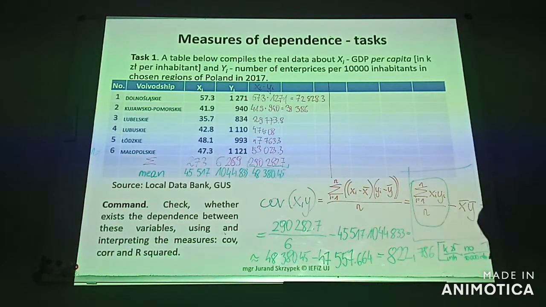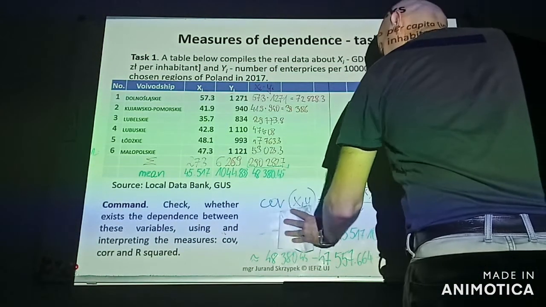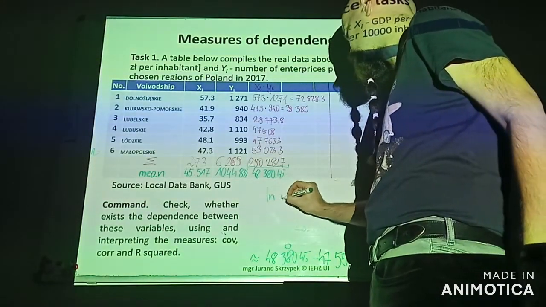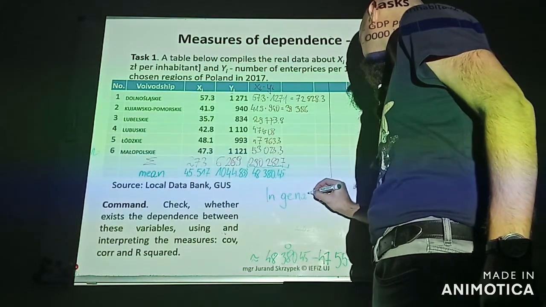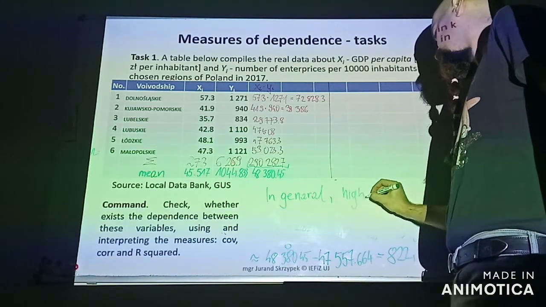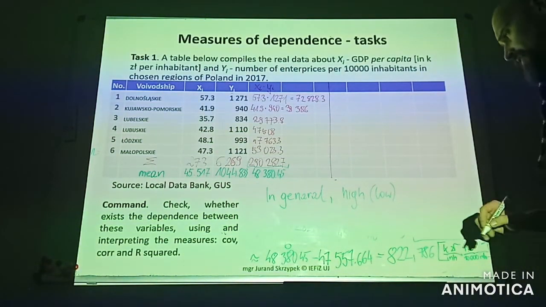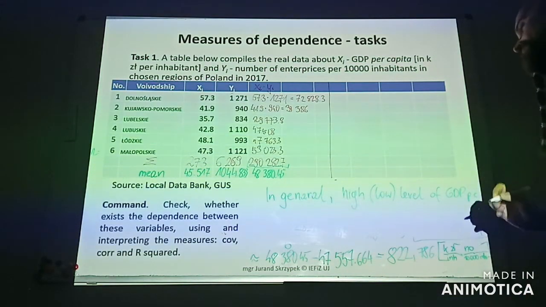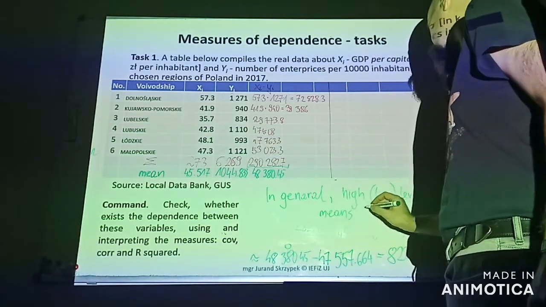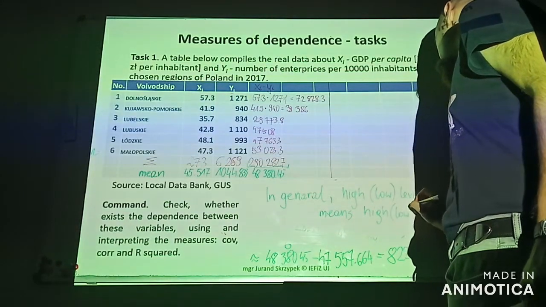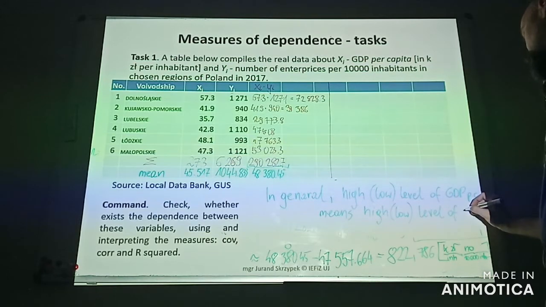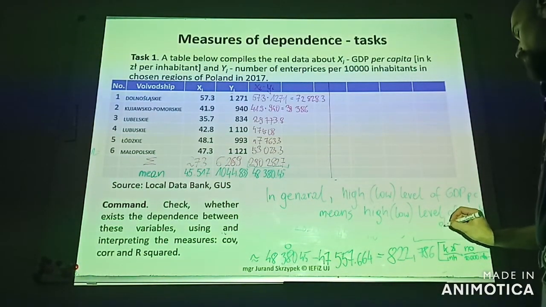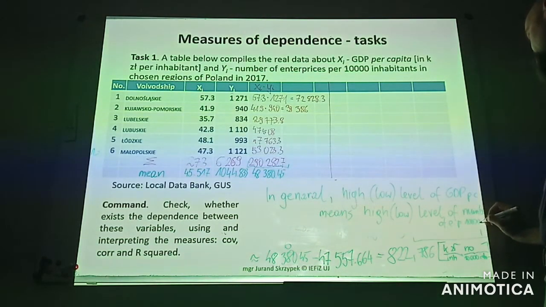And how about the interpretation of this amount? The interpretation of this measure is the following. In general, a high (in brackets, low, because we can say it simultaneously) level of GDP per capita means a high (in brackets, low) level of the number of enterprises per 10,000 inhabitants.